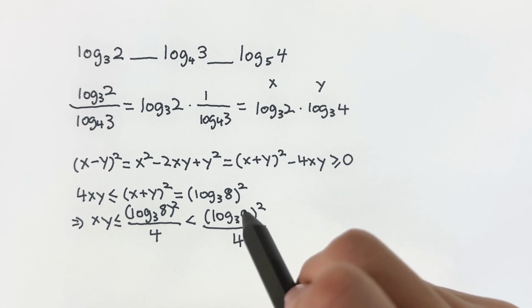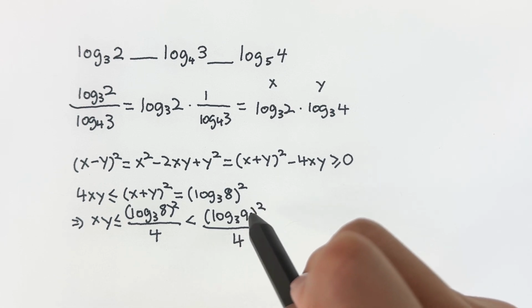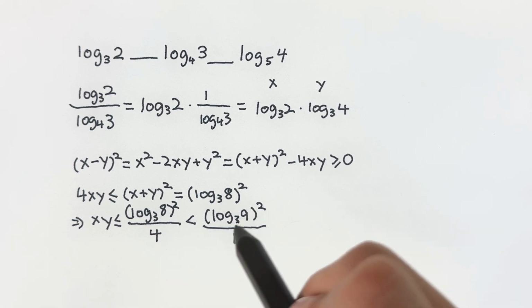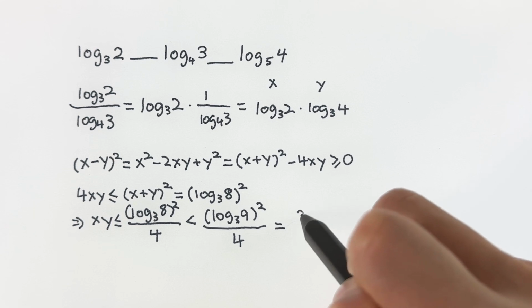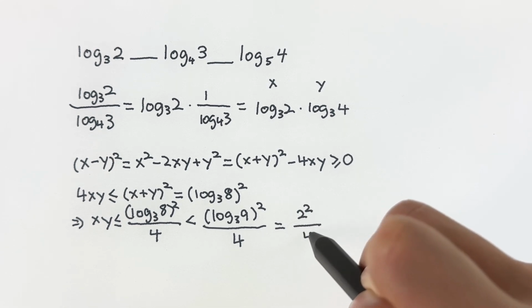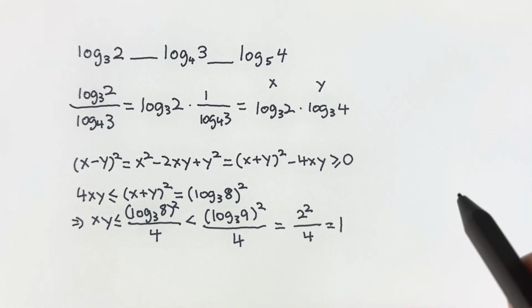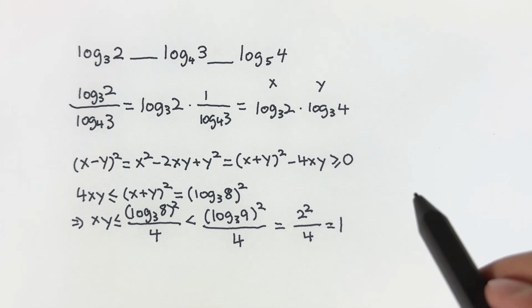So since 9 is larger than 8, this fraction will be larger than this fraction. And then this will equal 2 squared divided by 4, which equals 1. So we have xy is less than 1.